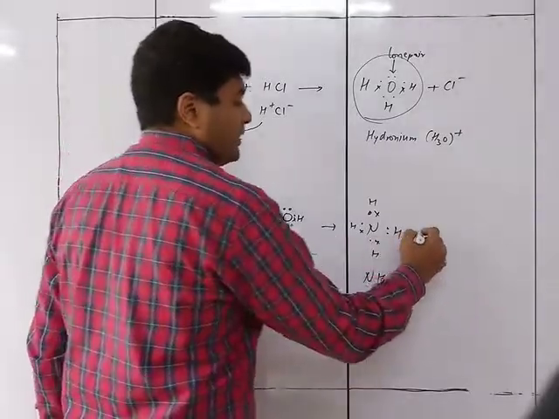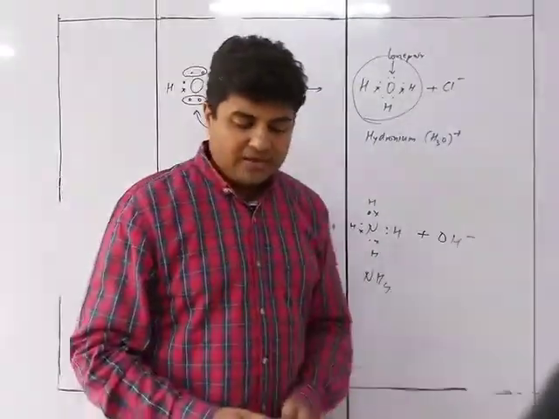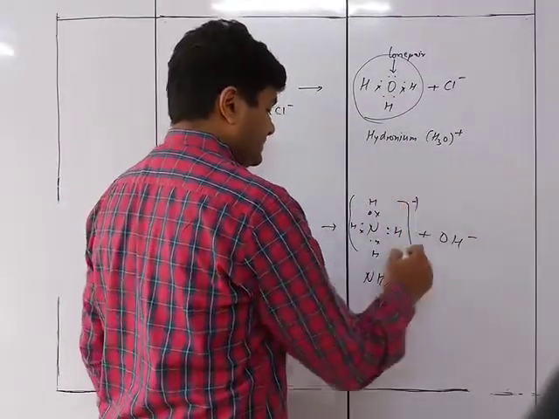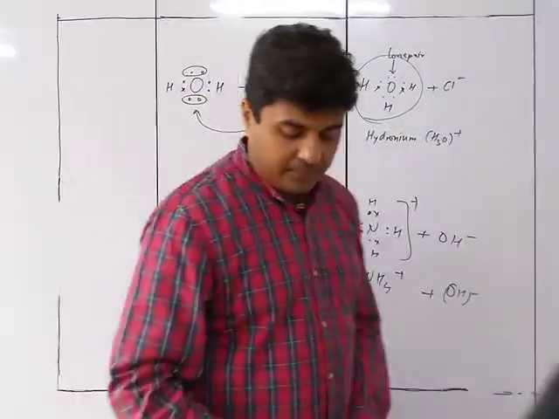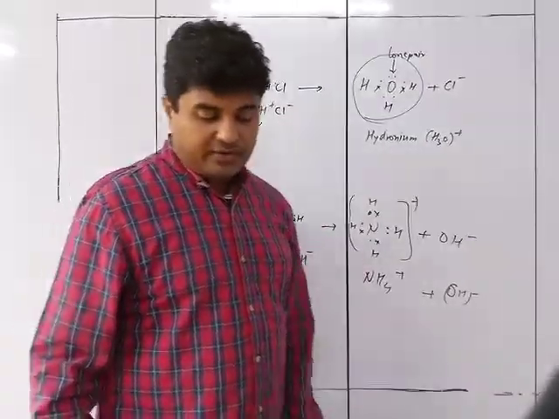What is remaining now is OH minus. So this is how the OH minus is formed. So this is NH4 plus OH minus. This is how the ammonium, that is NH4, is formed.